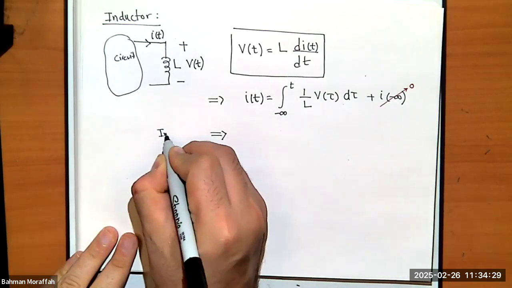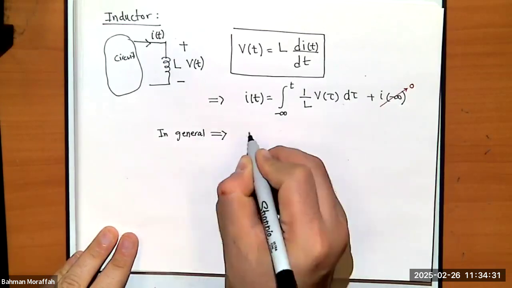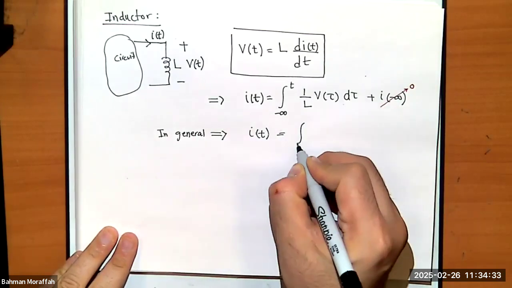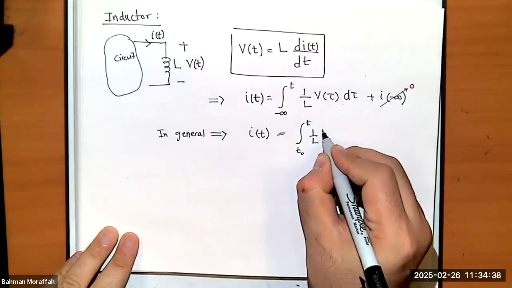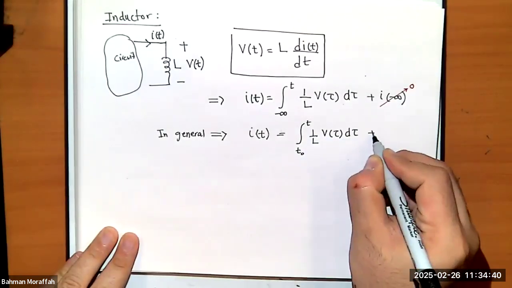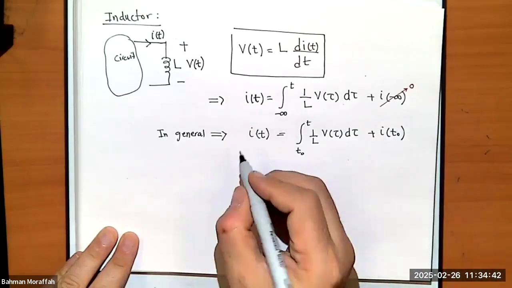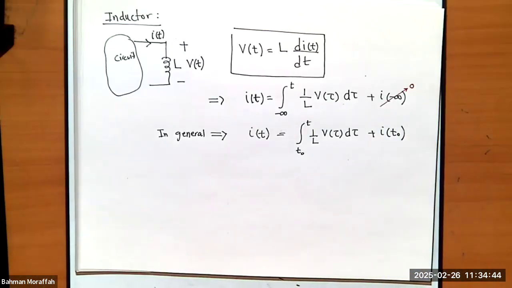So in general, I of t can be written as the integral from t naught to t of 1 over L, v tau d tau, plus I at t naught. And this equation is exactly the same as the equation on the top. As soon as I change t naught to negative infinity, I at negative infinity is 0, and the integral is exactly the same as the integral at the top.